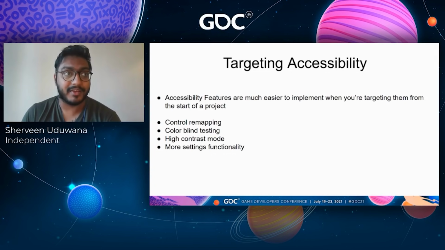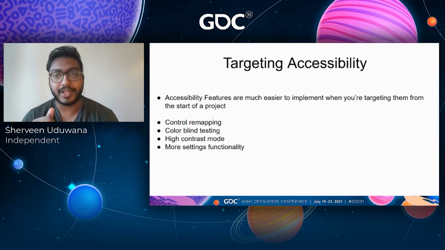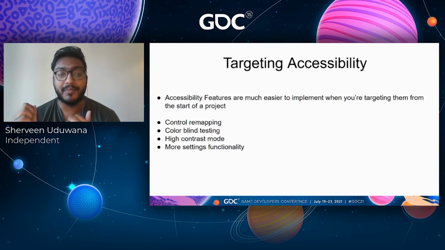Another thing that code libraries have really allowed me to do when my own projects are on contracts is to target accessibility. A lot of the time, accessibility features don't get implemented because people aren't thinking about them from the start of a project. But when you put together a code library, you can make sure you have at least starting points for a lot of these features.